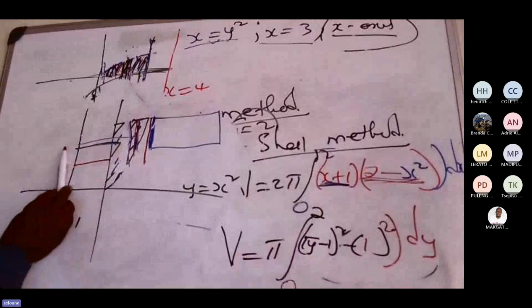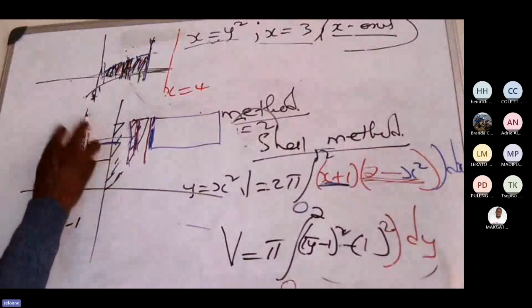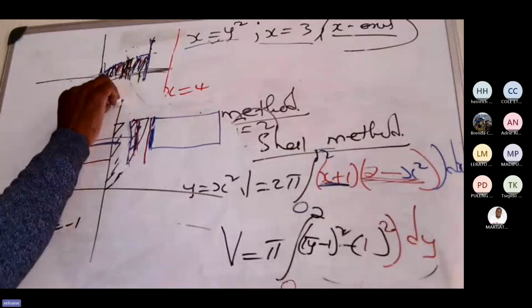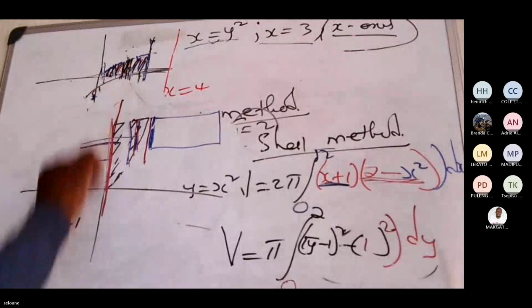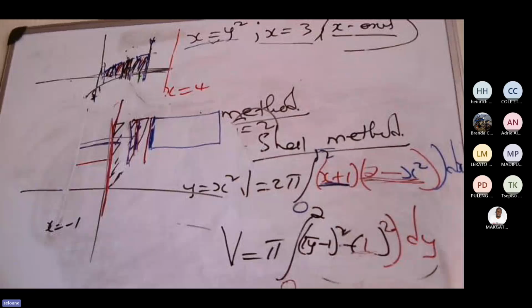But if you move this until this is exactly here, then the small r, the 1, will fall off. Hopefully that makes sense.